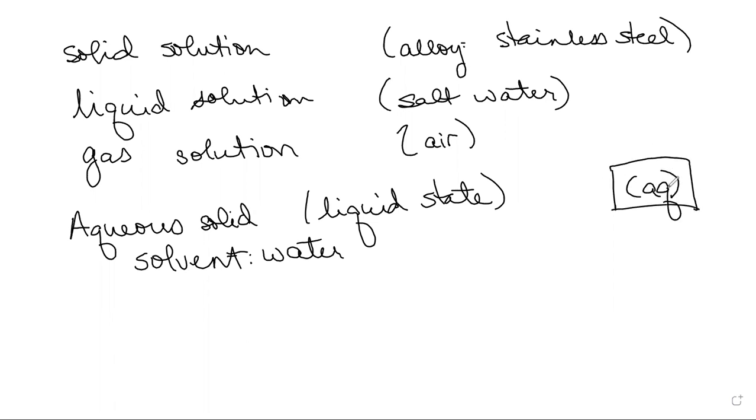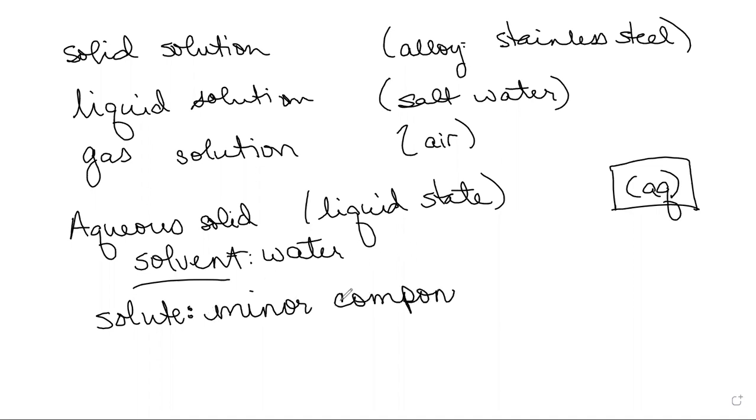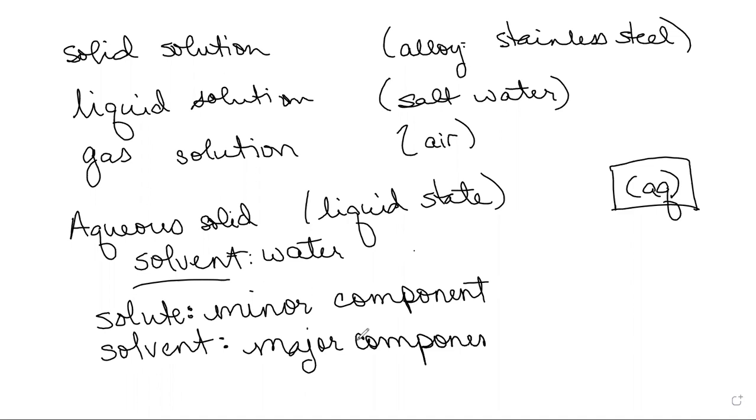Okay, so let's go through what's a solvent and what's a solute. So in a solution, a solute is the minor component. And in a mixture, you can have more than one component. The solvent is the major component. Okay.